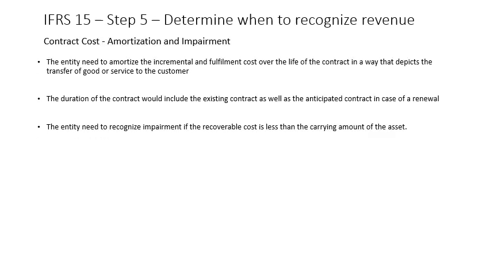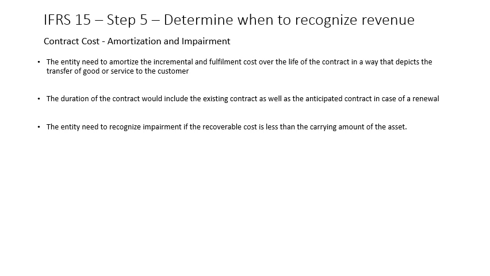Now, we have already discussed the incremental cost and fulfillment cost and when they can be capitalized in the balance sheet. Now, let's discuss how these balances need to be amortized and the impairment of these balances. The entity needs to amortize the incremental and fulfillment cost over the life of the contract in a way that depicts the transfer of goods or services to the customer.